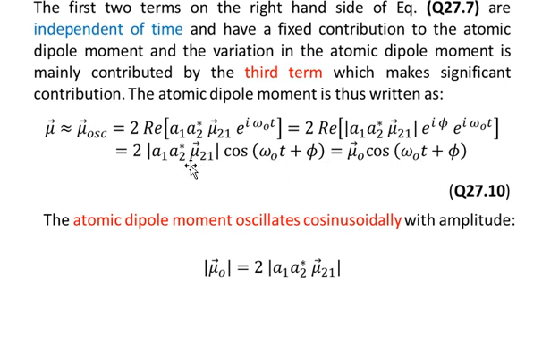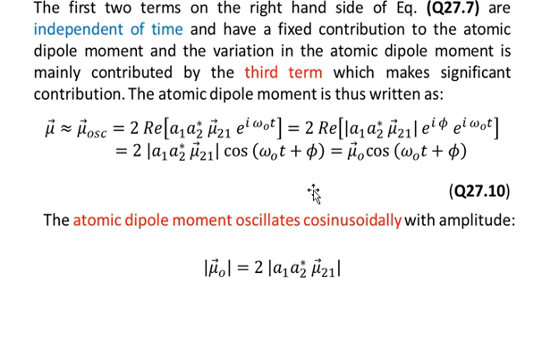So we have simply written the last expression as the atomic dipole moment of the atom mu equal to mu naught into cos of omega naught t plus phi. The atomic dipole moment oscillates sinusoidally with amplitude mu naught, mod equal to 2 into the mod of A1 into A2 star multiplied by mu 2 1.